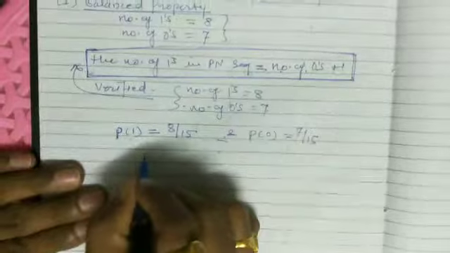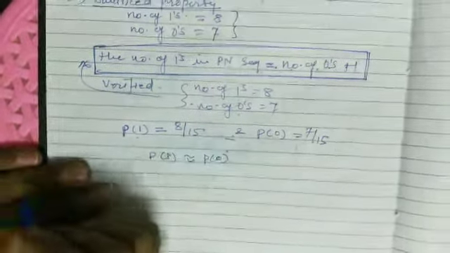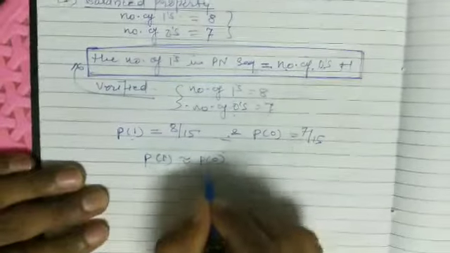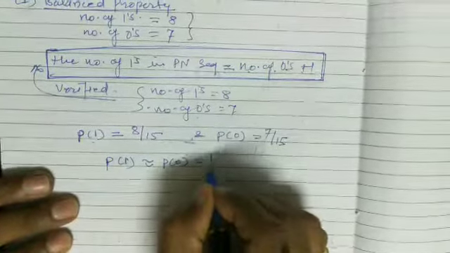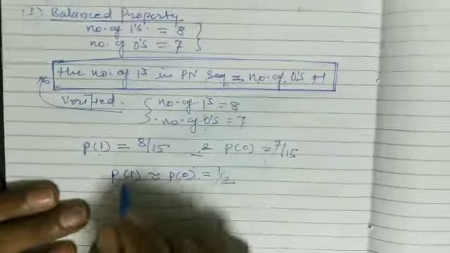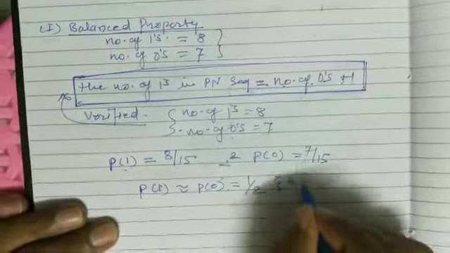That is, P of 1 is almost equal to P of 0, and that's why we say that the symbols 1 and 0 are equiprobable.